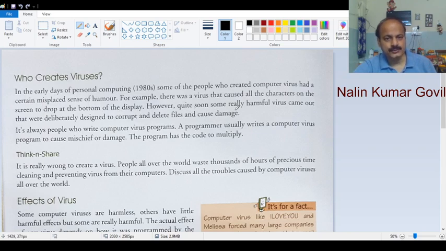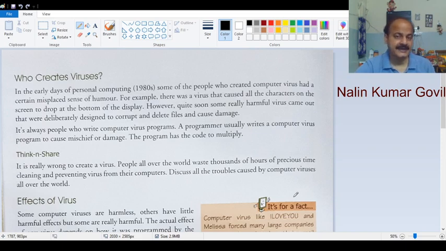However, quite soon some really harmful viruses came out that were deliberately designed to corrupt and delete files and cause damage. It means that some people actually started some programs for fun.